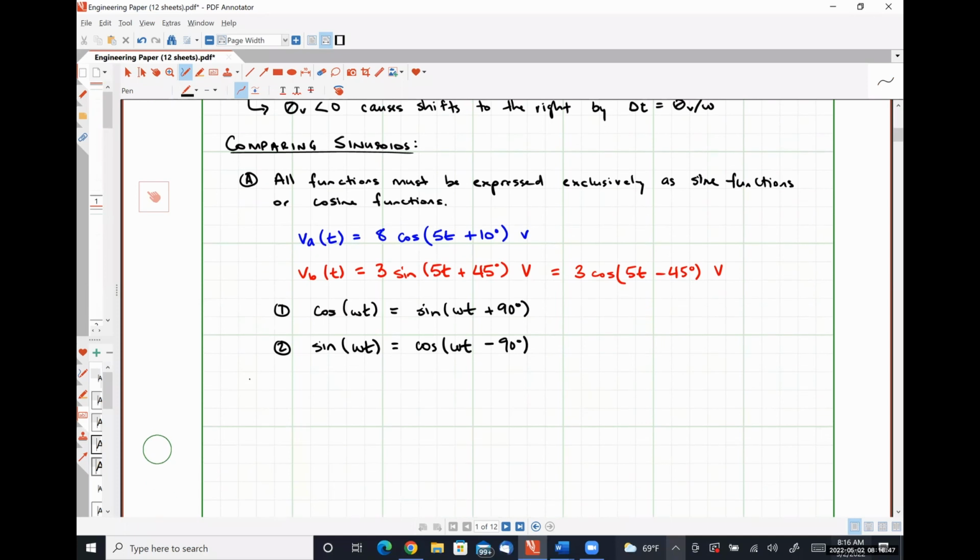Our second rule, so I'm going to call this rule B, is that all functions must be expressed with positive amplitudes.